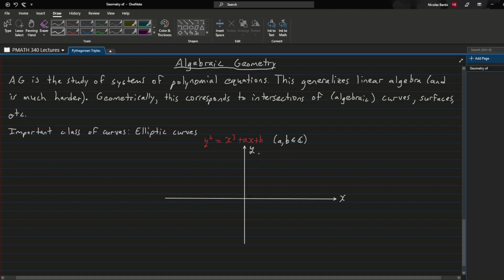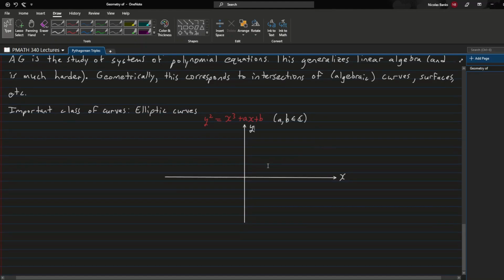I'm going to draw a specific elliptic curve. They can look pretty different. It's fun to look at pictures of them on Wikipedia or something, but the one I'm going to draw looks something like this. That's supposed to be symmetric about the origin, but it's not a circle. It's a weird, pinched oval sort of shape.